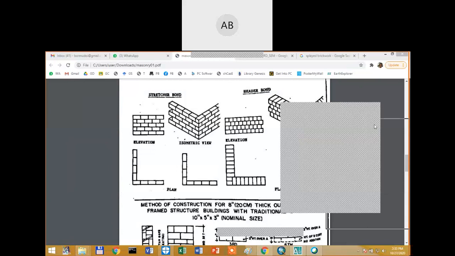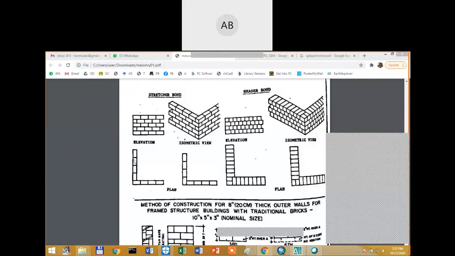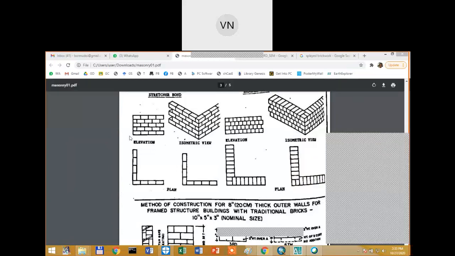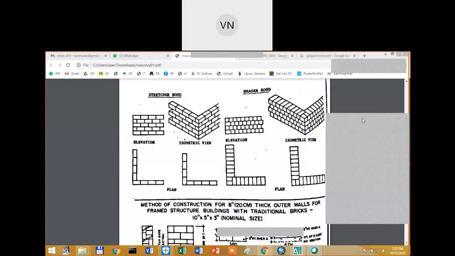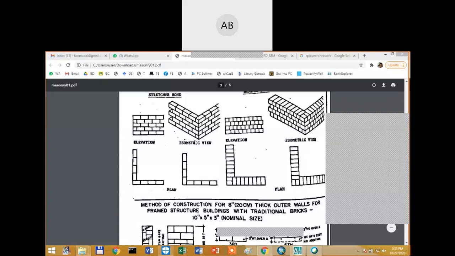Okay, so do you get the two different concepts of how the stretcher and the header bonds are formed? Yes, sir. Okay. Now I want every one of you to draw this header bond as well as the stretcher bond. So try to draw the elevation and the plan view. No need for the isometric view for the time being. Simply draw the plan and the elevation of the stretcher bond as well as the header bond.